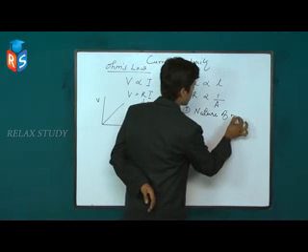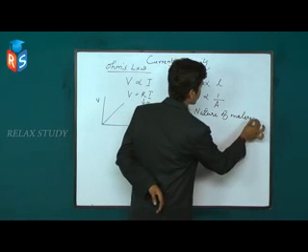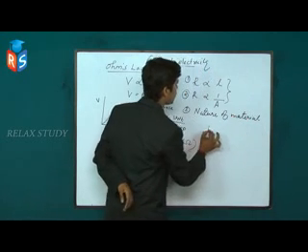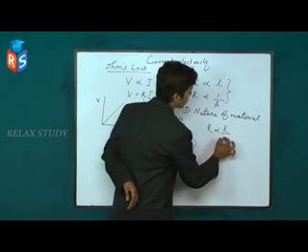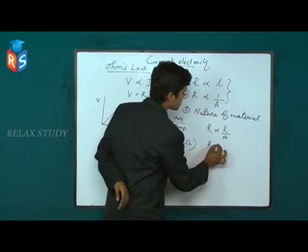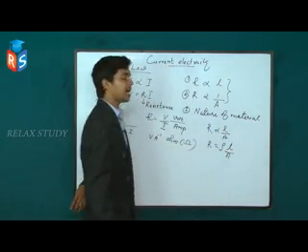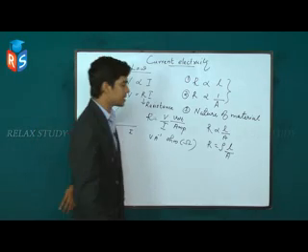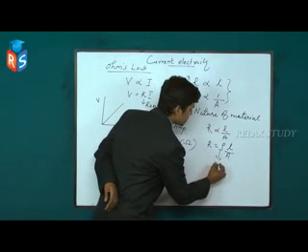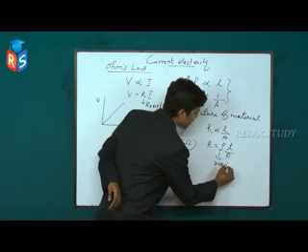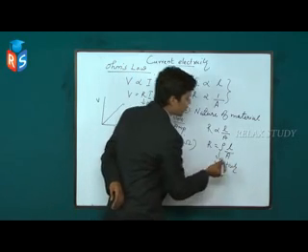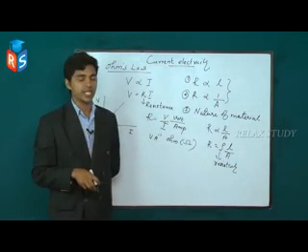If we combine the first two relations, we get R proportional to L by A, or R is equal to rho L by A, where rho is another constant of proportionality known as resistivity. Resistivity is a property of every material that depends upon the nature of the material.